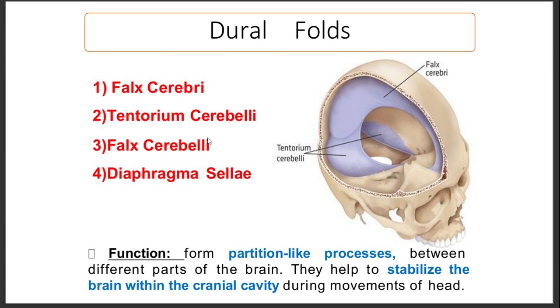Falx cerebelli divides the cerebellum, so it will be related to the cerebellum. You also have the tentorium cerebelli. Tentorium just means tent, and it makes a tent that separates the cerebellum from the big brain, which is the cerebrum. You also have the diaphragma sellae, and we'll understand it later on.